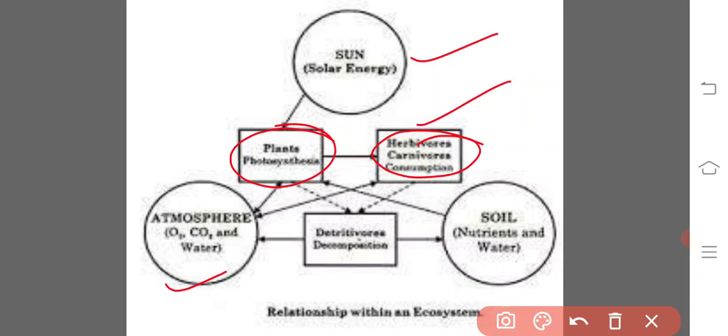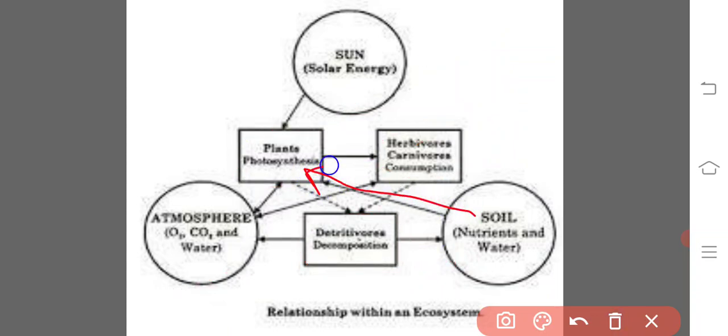And here there are the decomposers and detritivores, and all the plants and the animals after death become decomposed, and all the nutrients and minerals enter into the soil, and this soil provides nutrients for the growth and photosynthesis of the plants. So there is an interrelationship among the individuals, and the individuals with the environment.